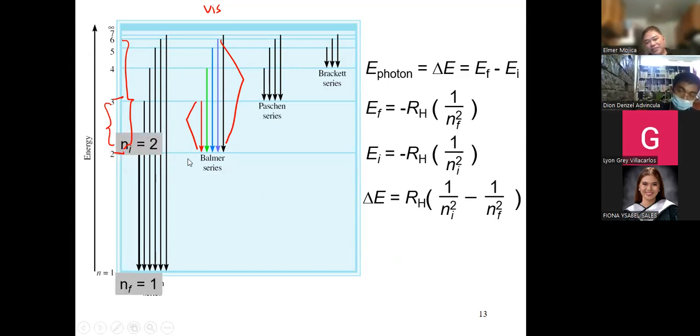So if you're going to look at this, ito yung initial state mo or initial principal quantum number, ito yung final quantum number mo. And if you're going to get the difference of that, what we call pertains to a certain energy.